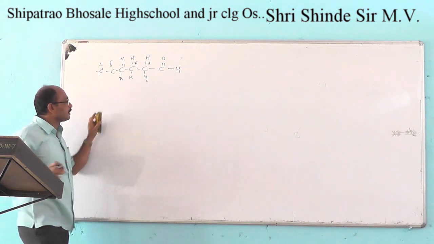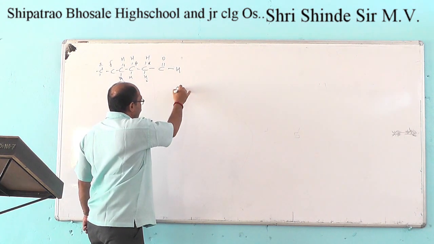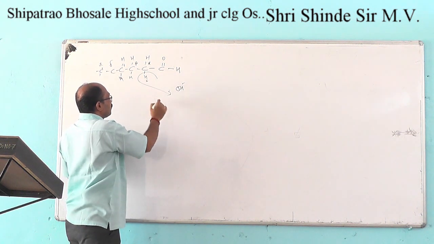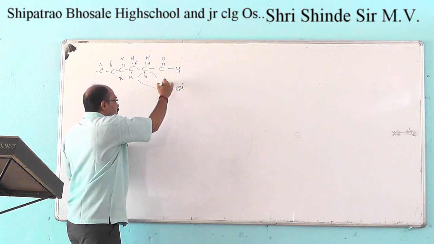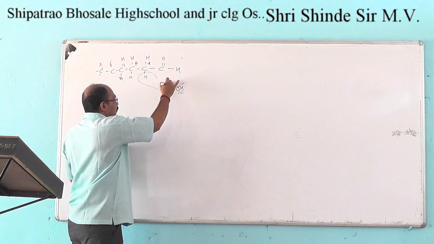How can we see it here? When we react aldehydes or ketones with dilute bases, this hydrogen is attracted by the hydroxide ion in the form of H+.